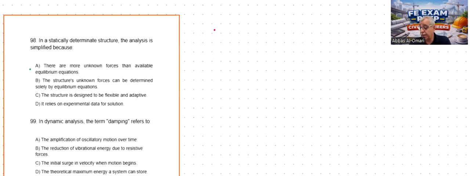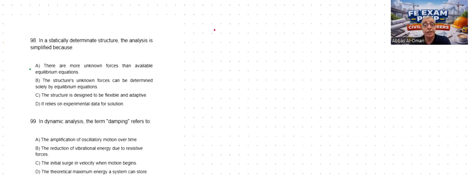There are more unknown forces than available equations: this is not correct, because the number of unknowns should equal the number of equations for statically determinate structures. The unknown forces can be determined solely by equilibrium equations. So this is the correct answer.